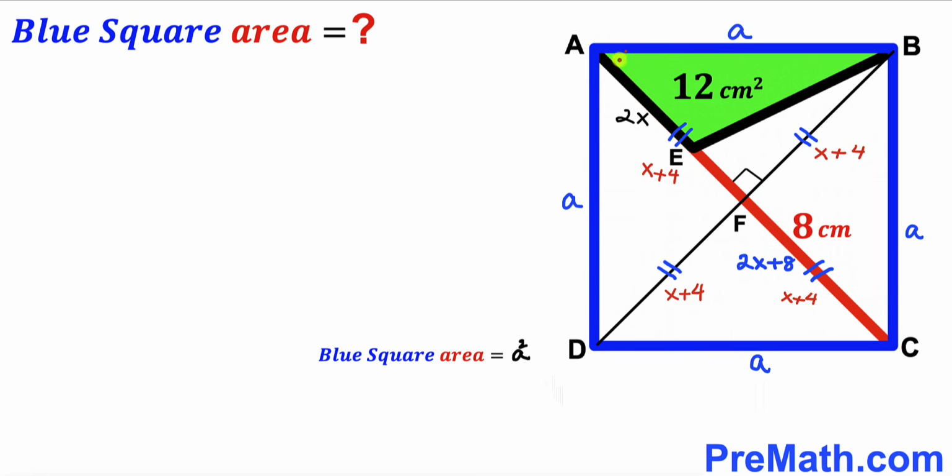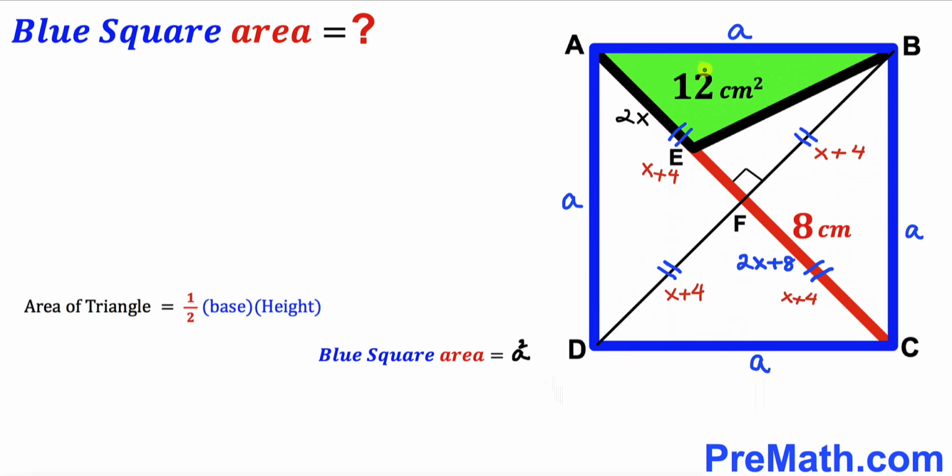Now we are going to focus on this green shaded triangle ABE, whose area has been given to us as 12 centimeter square. So let's recall the area of a triangle formula. Area is always equal to a half times base times the height of the triangle.